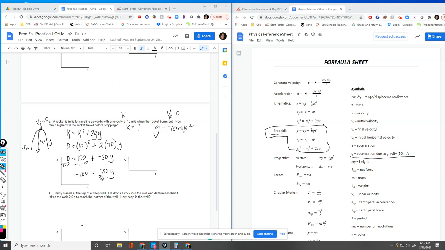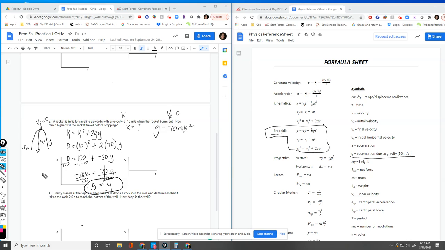And now we divide by negative 20 to leave the y alone. So 100 divided by 20 is 5, and the negatives cancel out. So my distance is 5 meters. That's how far up it went at this speed.